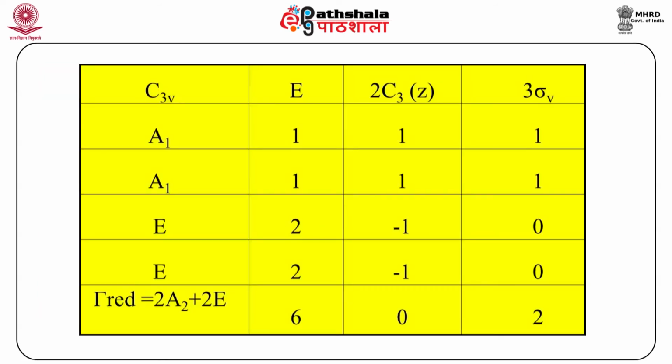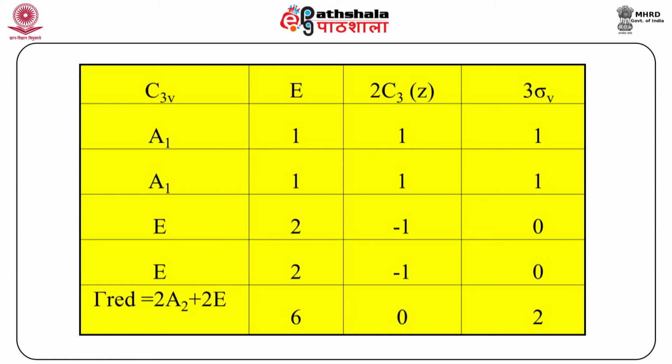How can I verify this result, whether my reduction is correct or not? We can verify by adding the characters for 2 times A1 plus 2 times E. Thus, column addition gives the character of the tau reducible representation. We look at the table of C3V. I have written here A1 2 times, and E 2 times.